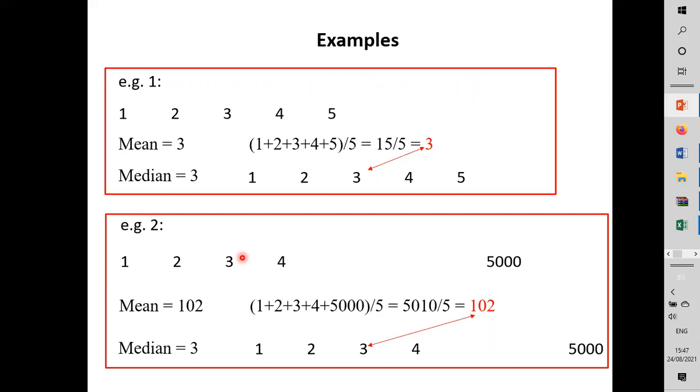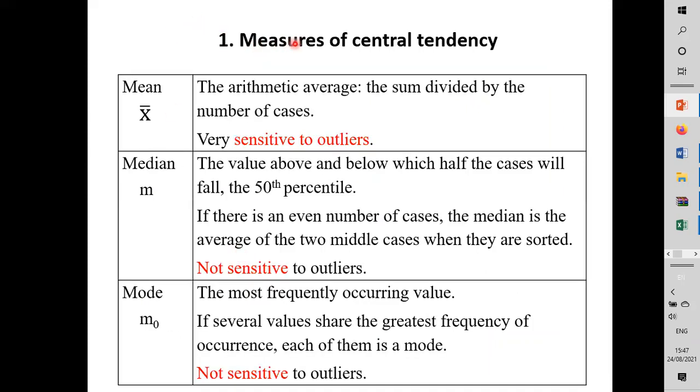Where is the data centered? That is the measure of central tendency. We mostly use the mean and median. The mean is the arithmetic average. Example, 10, 20, 30, add them up and divide by the number. But it's very sensitive to outliers. Later we'll see an example.